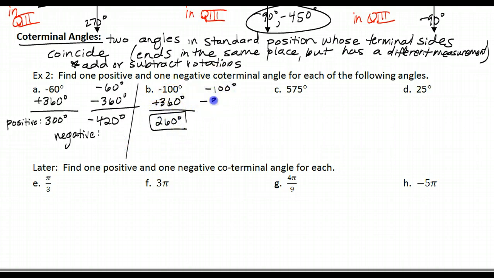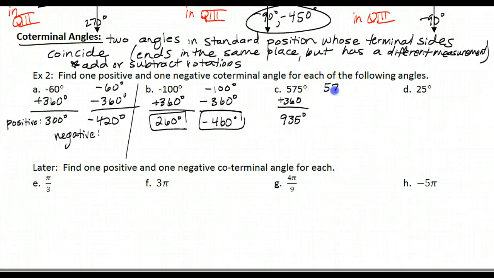Take negative 100 and subtract 360, and I get negative 460 degrees. Now, example C. Sometimes when you add 360, I could get a coterminal angle, which is 575 plus 360, so that would be 935 degrees.